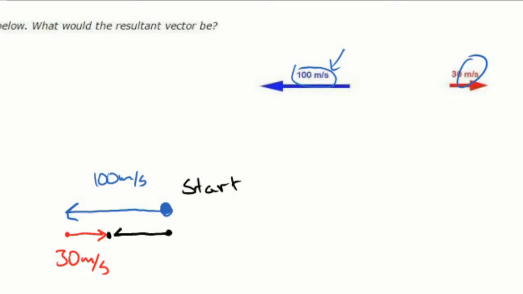Started there and I ended there. So what is the length of the black arrow, or what I'm calling the resultant? What's the length of this? And does it have a direction associated with it?